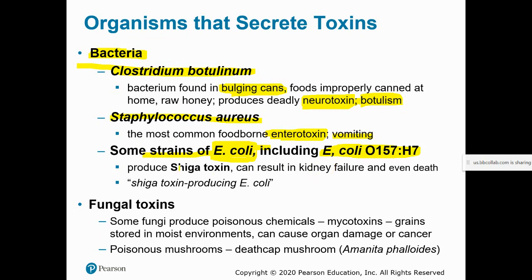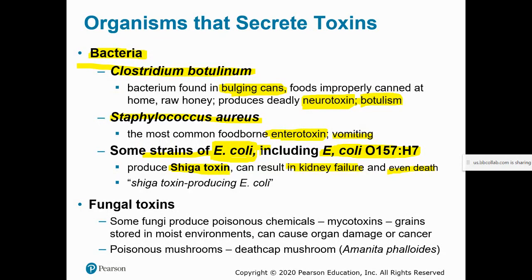This strain of E. coli produces something called Shiga toxin. Shiga toxin is a toxin to the body, more of an enterotoxin. So it can affect your digestive organs, and it can even be deadly.